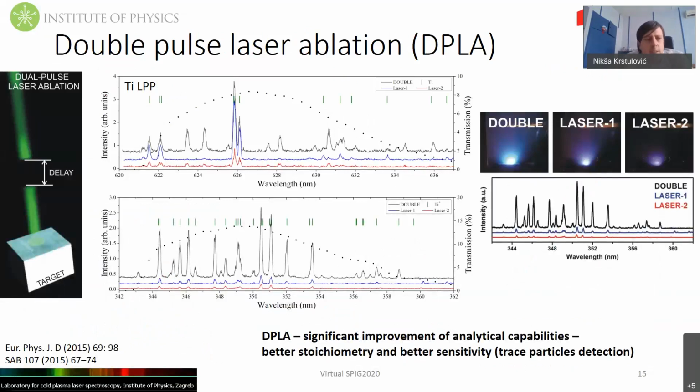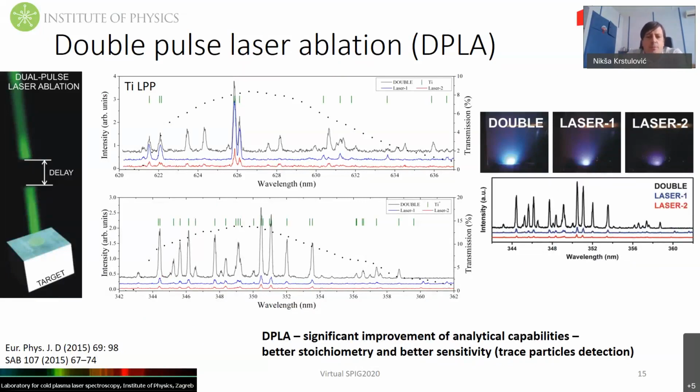Because cavity ring-down is a sensitive technique, there is also room to improve our analytical capabilities. So we performed so-called dual or double pulse laser ablation, when we use two laser pulses separated in time to create plasma.